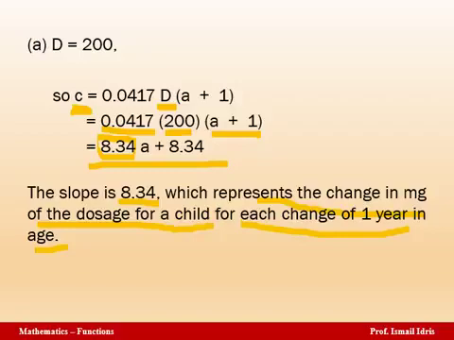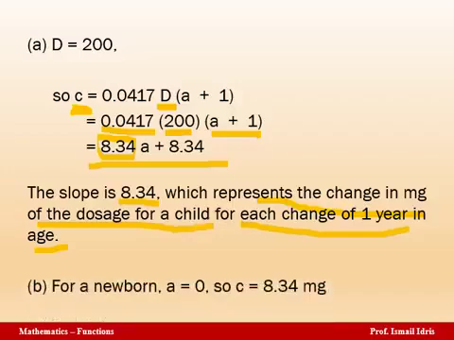When the age changes 1 year, the dosage will change this amount. So the slope of a straight line here has a special meaning in our problem. For the second part, we need to find the dosage, which is C, for a newborn.